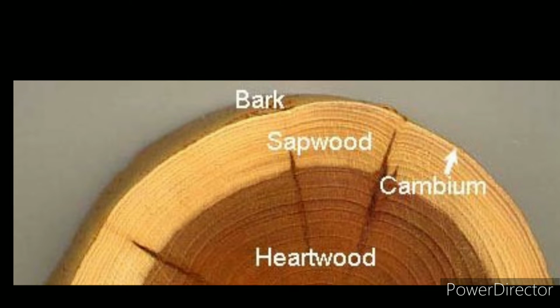The growth of the tree actually takes place here. 4. Sapwood. This is the newly formed outer layer of growth that carries the raw sap up to the leaves. It is usually pale in color, especially in softwoods.